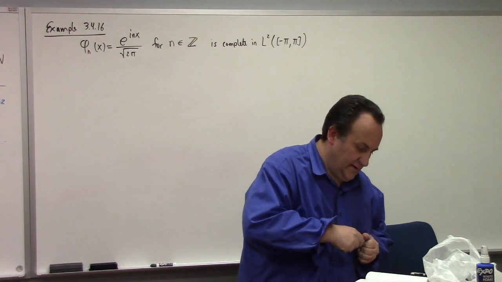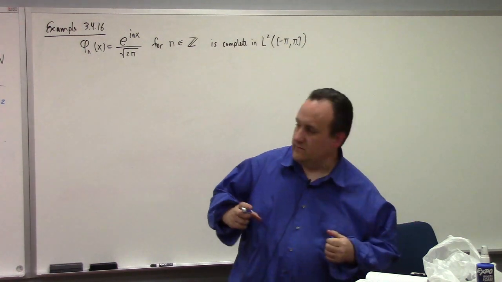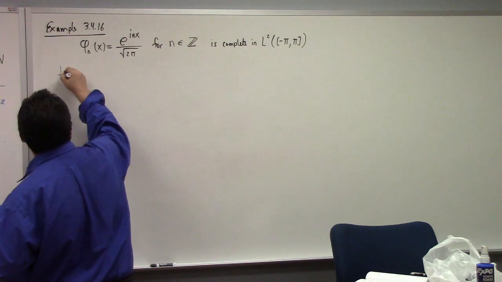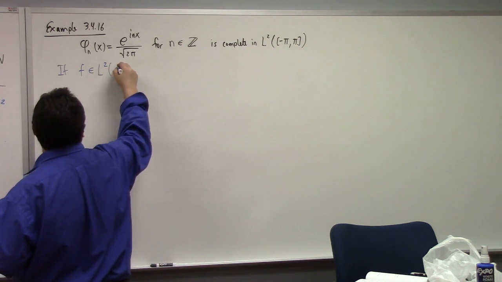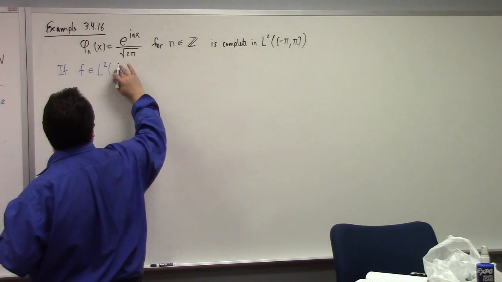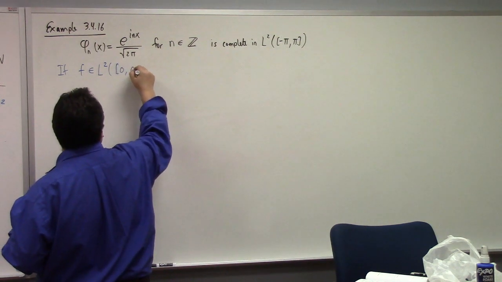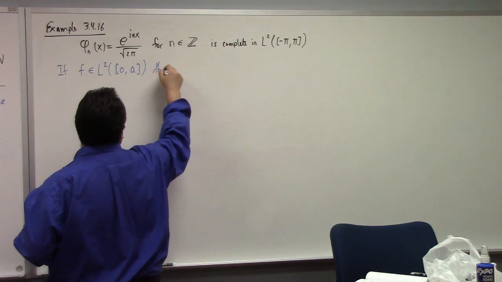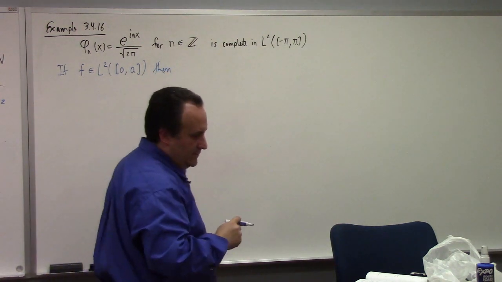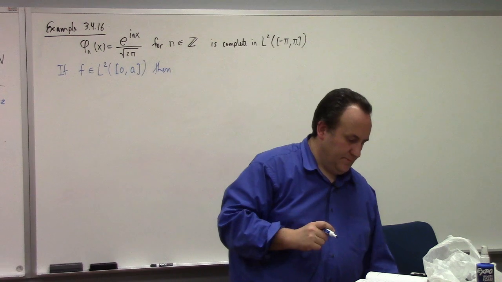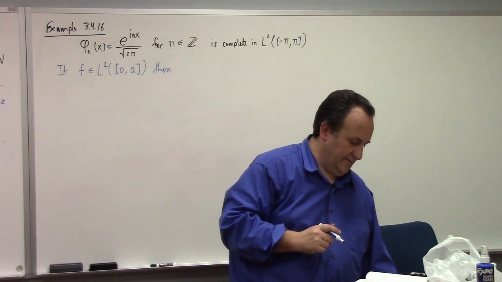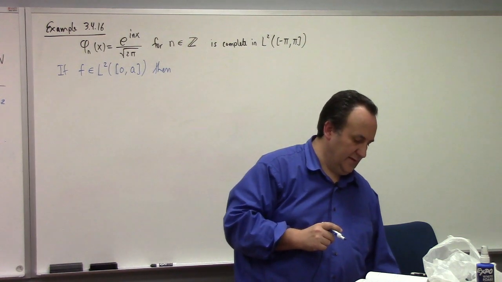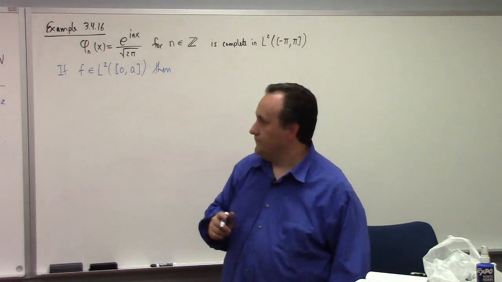All right, so he says, if we have a function f in L2(0, a), then a simple change of scale, you can write f of x as a sum of beta sub n times e to the 2n pi ix over a.